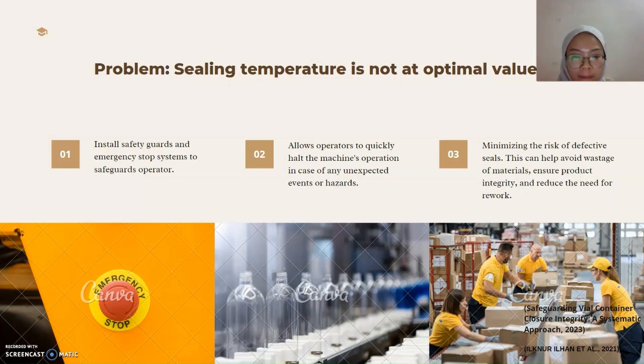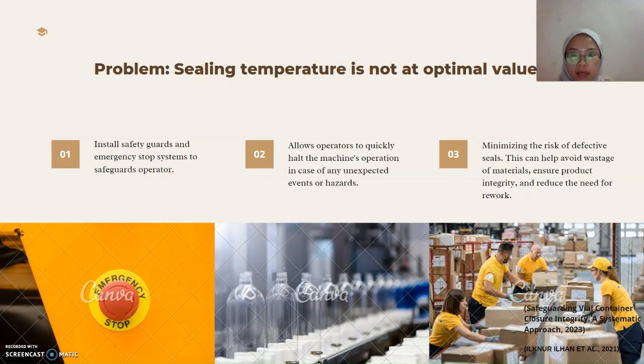The guard physically prevents access to dangerous parts of the machine, such as the sealing head and the cutting blade. It can be made of metal, and the guard should be clearly marked with a danger or warning sign to alert operators to the hazard. This allows operators to quickly halt the machine operation in case of any unexpected event or hazard.